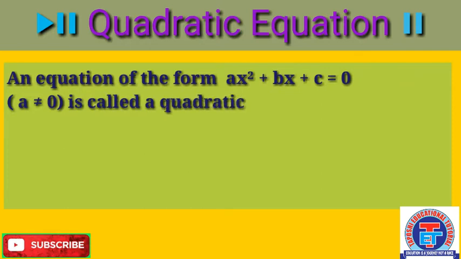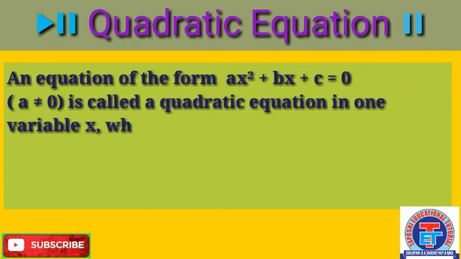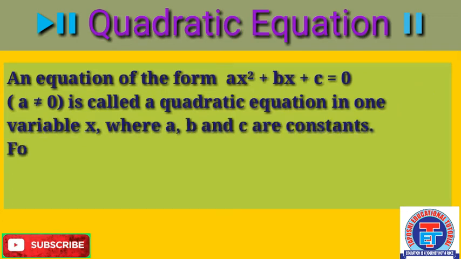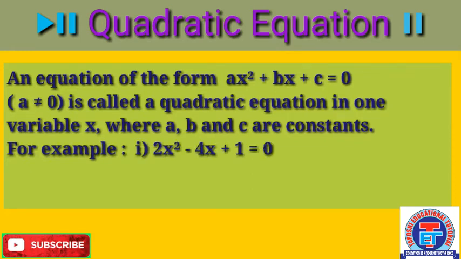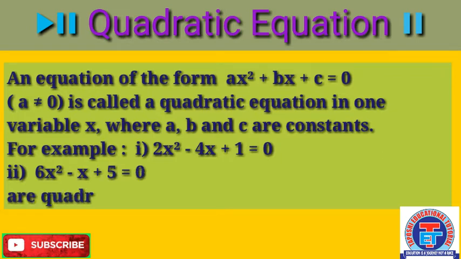An equation of the form ax square plus bx plus c is equal to 0, where a not equal to 0, is called a quadratic equation in one variable x, where a, b and c are constants.